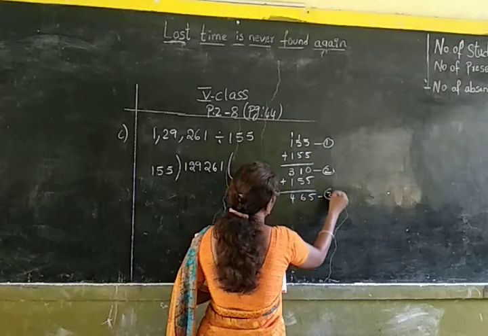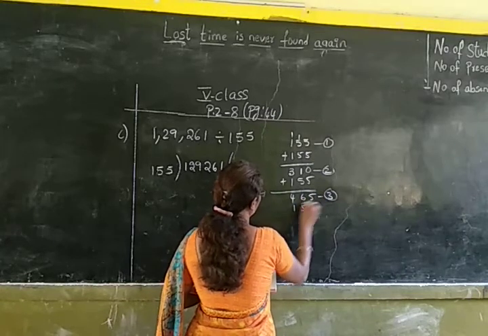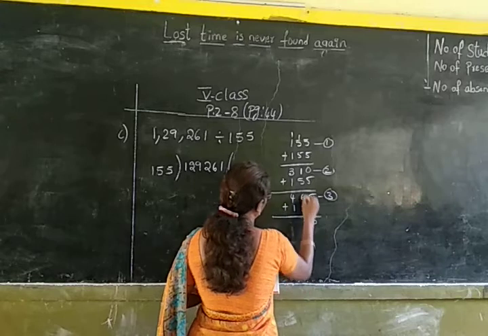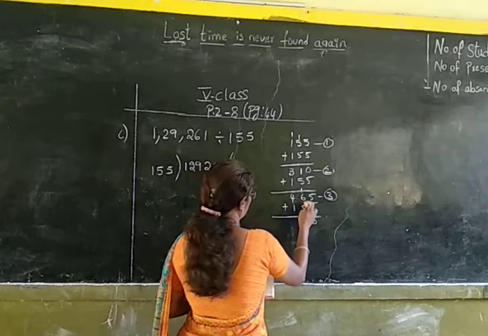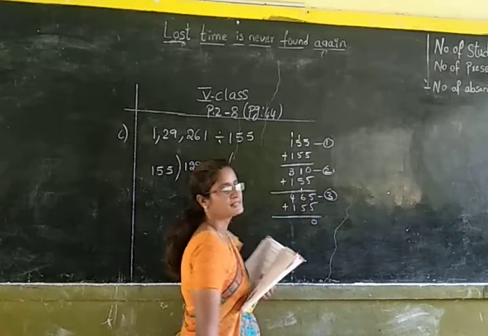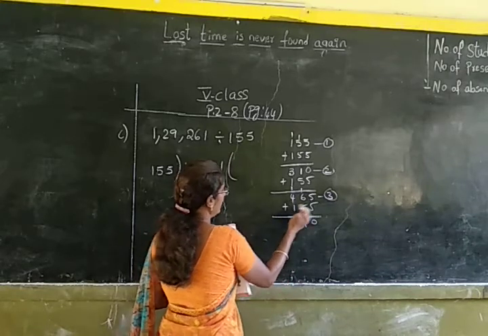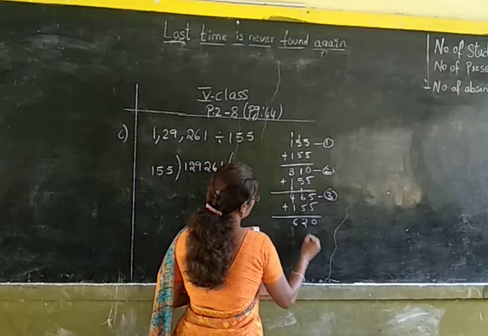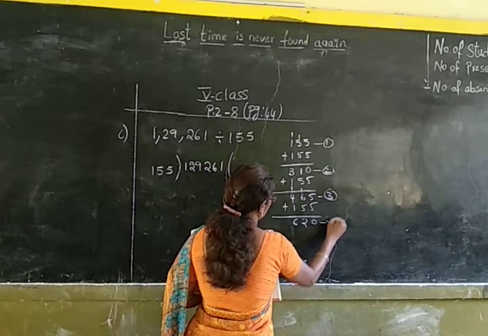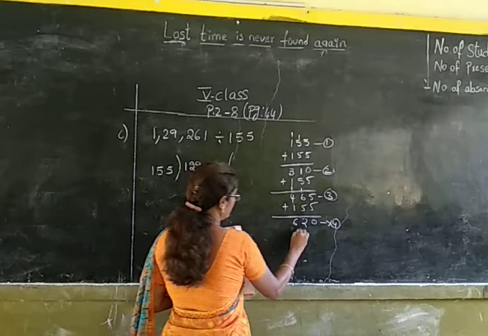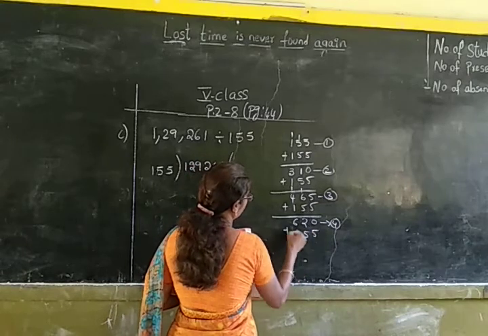This is 3 times. Again I am going to add 155. So 6 plus 1 is 7 and 7 plus 5 is 12. 4 plus 1 is 5 and 5 plus 1 is 6. This is 4 times.